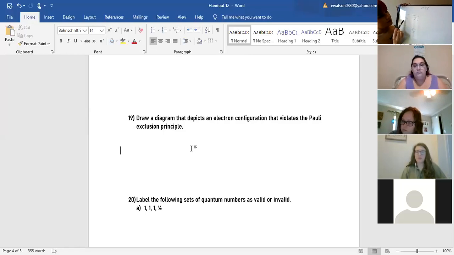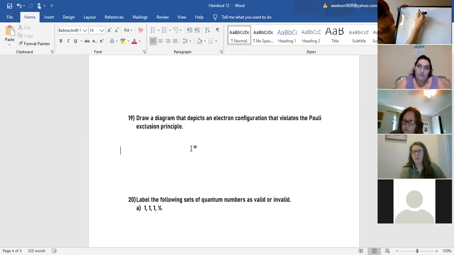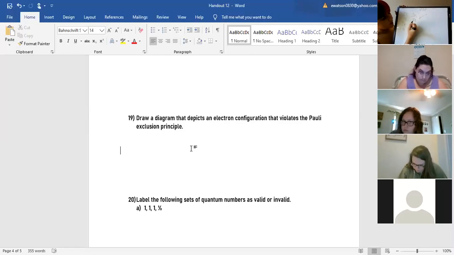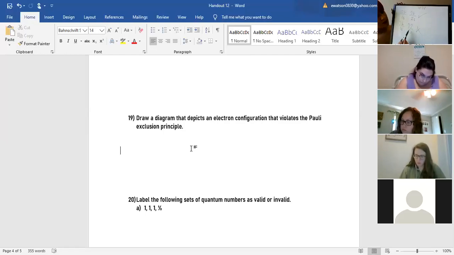So looking at this, we're going to go 1, 2, 1, 2. That's the correct way, right? Whereas something that would violate the Pauli exclusion principle would be something like this, because these two would have the exact same quantum number.